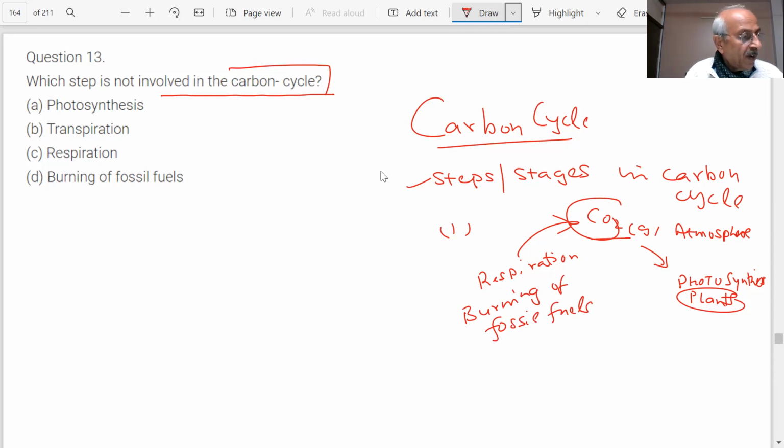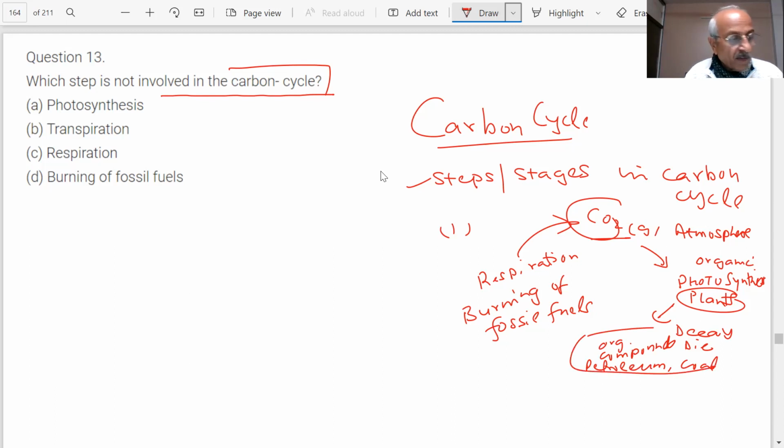They are removing it. Then what happens to these plants, students, when they decay or die? What is the result of that? They produce organic compounds, petroleum or coal, all those deposits which are there. So many things we discussed about that, in carbonates, water.